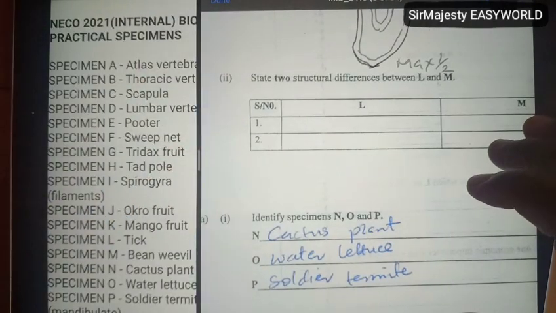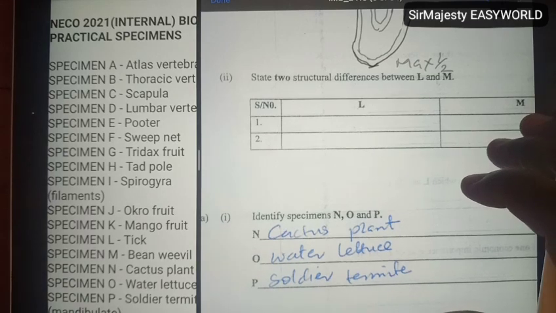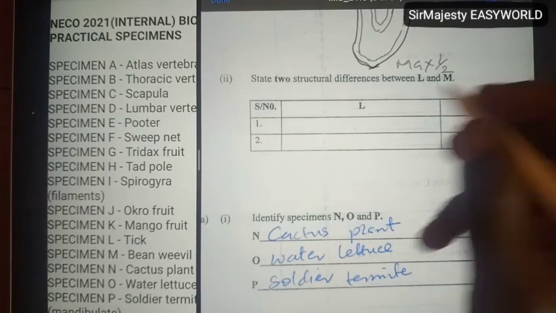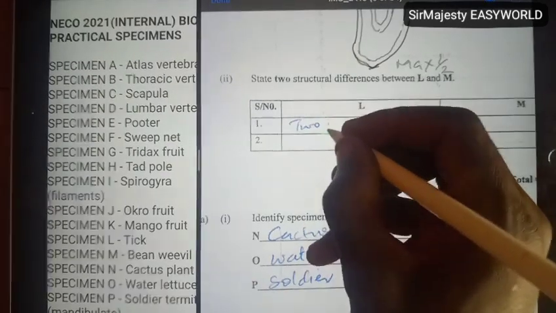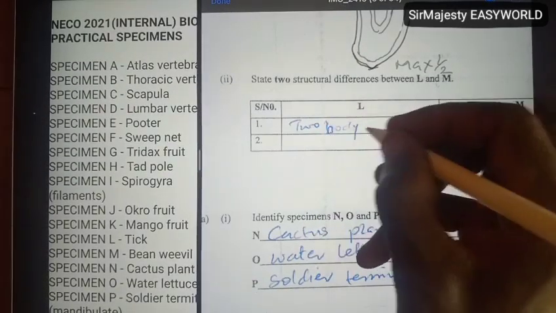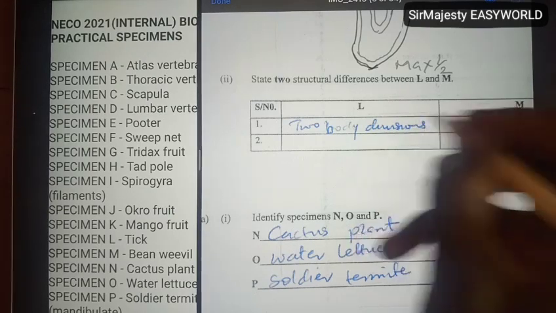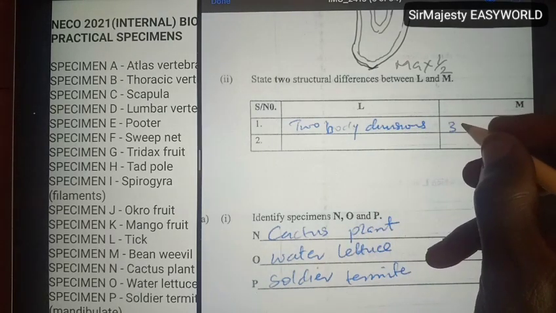Some might not understand what I said here. Structural difference between tick and bean weevil. So I mentioned body division, the tick having 2 body divisions, and this one 3 body divisions.